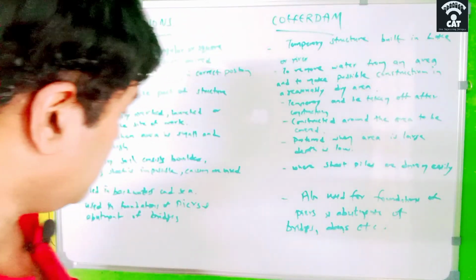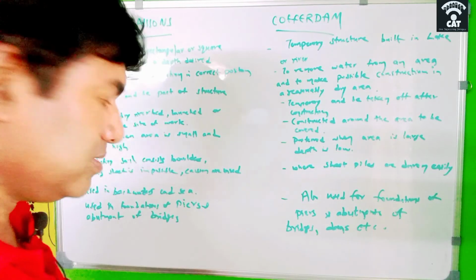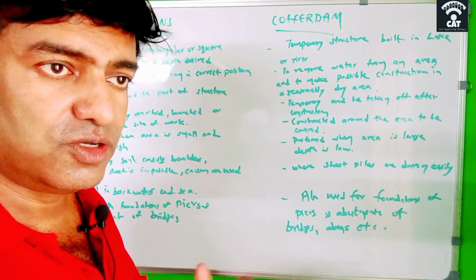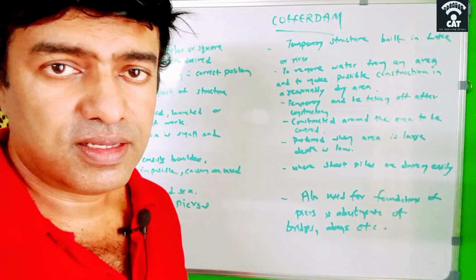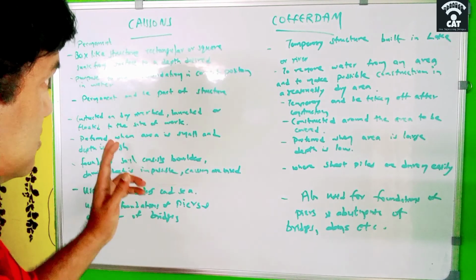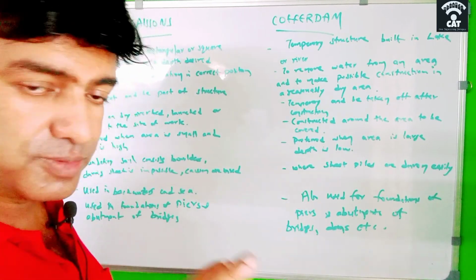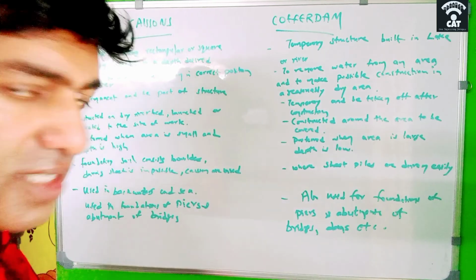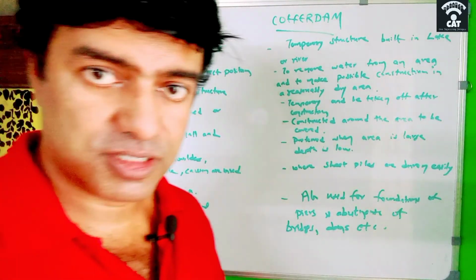And if it happens in the sea or backwaters, where the volume of water will be very high, caissons are used for that type of area, especially backwaters and sea. These caissons are also used in the foundations of piers and abutments of bridges.